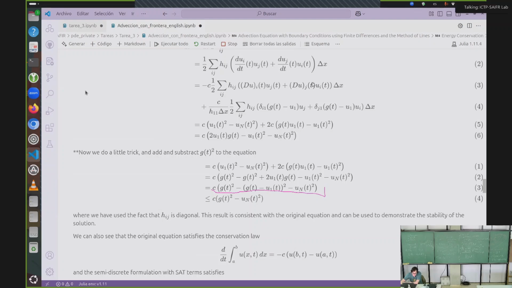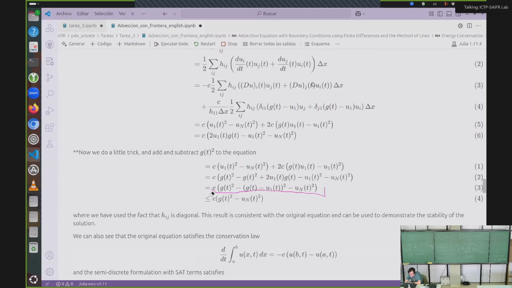Because here the energy will grow, at least for some time, because we are entering stuff inside the solution, but we just don't want to put more stuff than we wanted to enter initially. So recall here the actual value of the derivative of the energy is equal to c over 2 times the difference between the values.